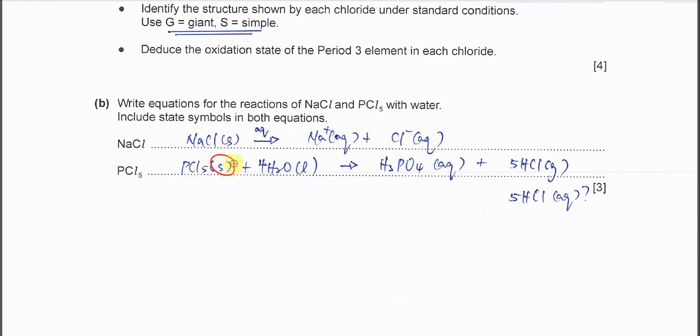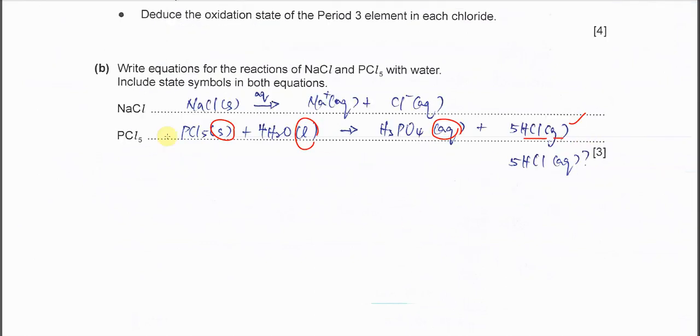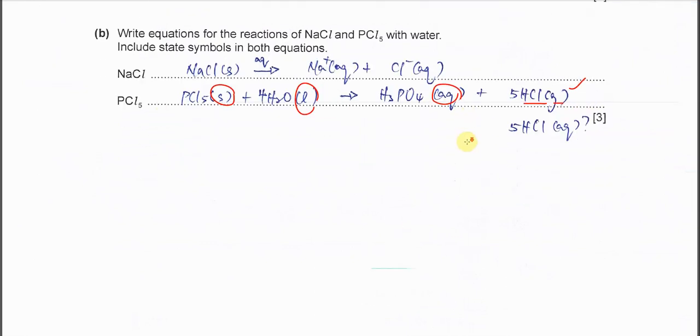PCl5 is a solid, water liquid, form phosphoric(V) acid, aqueous, and HCl gas. It's supposed to be gas, so I wonder why the answer is aqueous. Supposed to be gas. And you balance it, right? You get this equation.